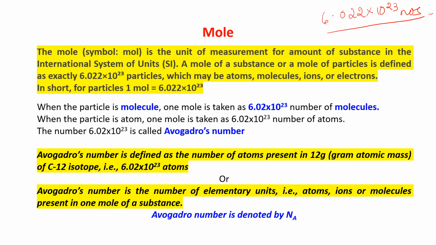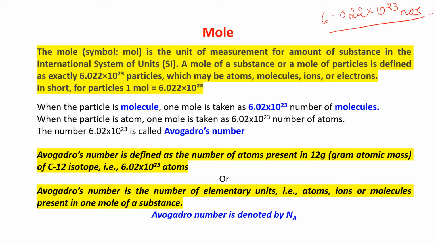Similarly, if I say bring 1 mole of molecule, you will go to where the molecules are kept and bring 6.022 into 10 to the power 23 numbers of molecules. That means you are bringing 1 mole of molecule.